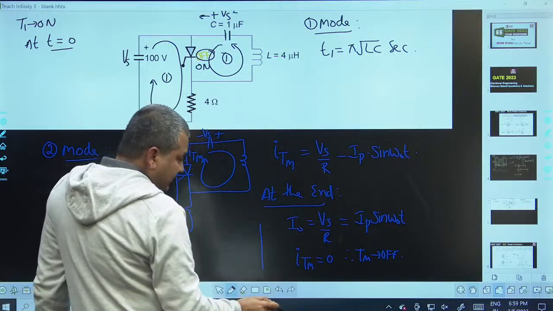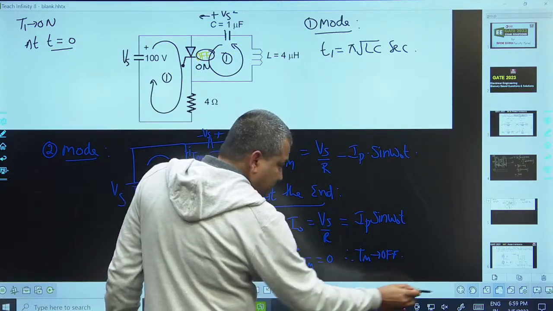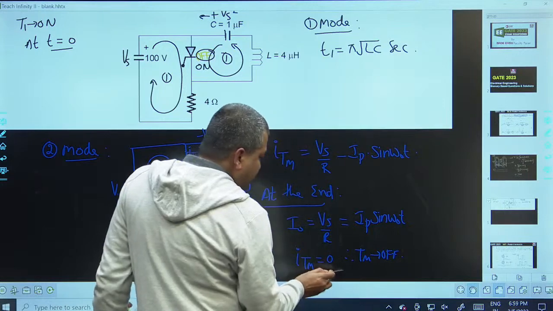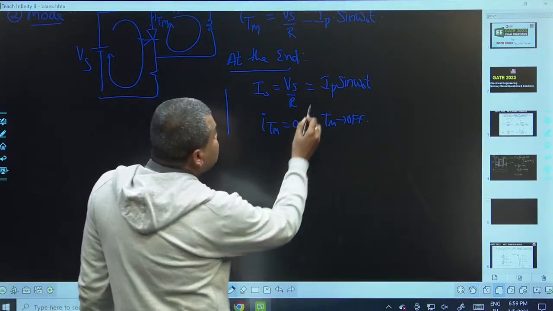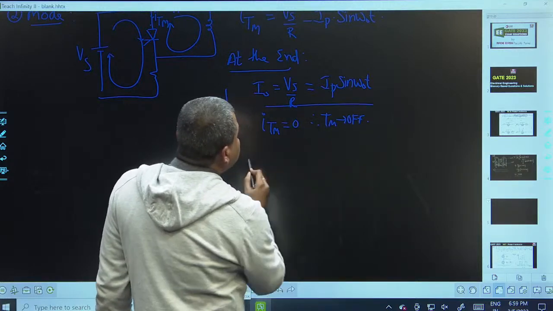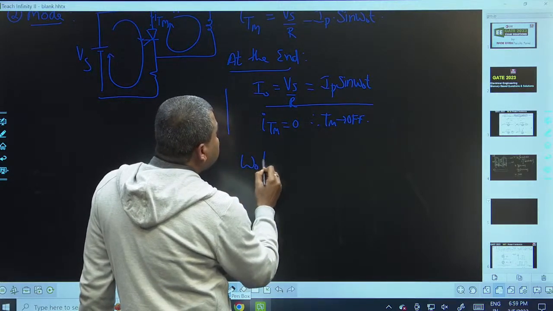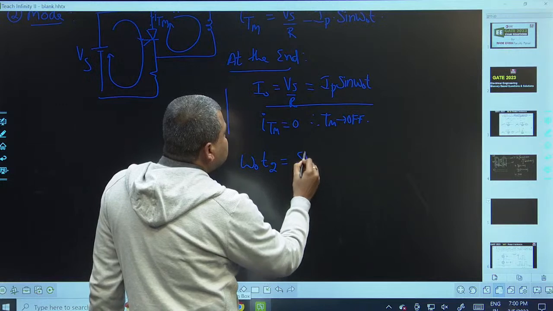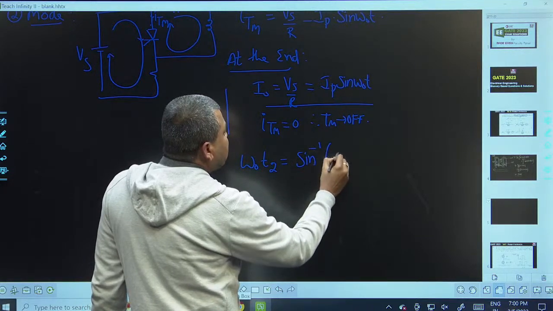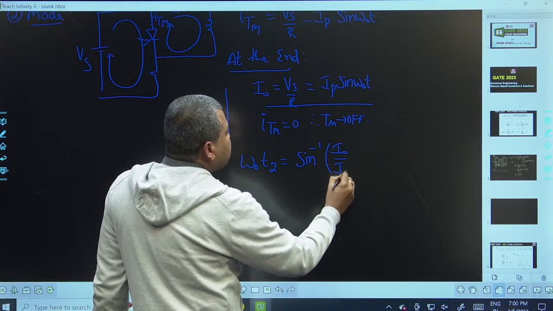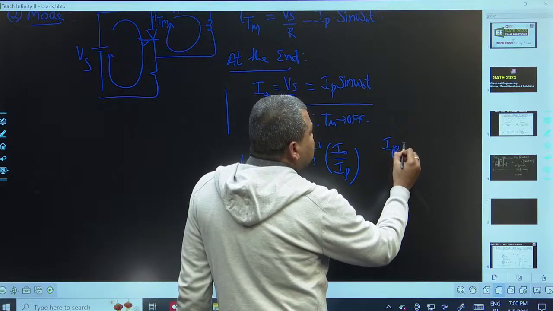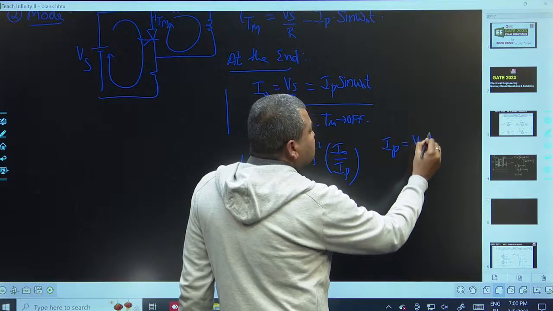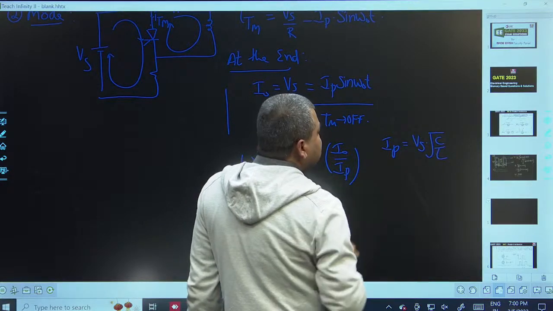At the end of the second mode, you equate these two currents, and you will get omega t into duration of second mode is sin inverse of I naught by IP, where IP is equal to Vs into square root of C by L.